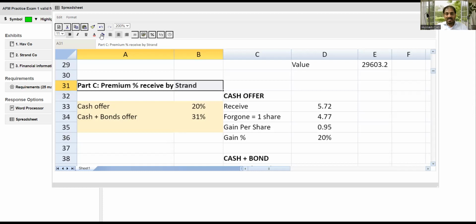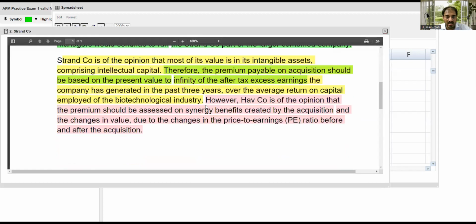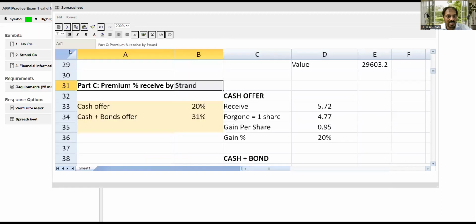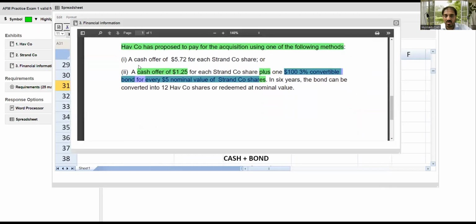The summarized highlighted point related to part C: the premium percentage received by Strand if the mode of consideration, the different payment methods, are offered by the company. So we have covered that point according to the requirement of the question. It is mentioned in the CP format: two proposed modes of payment offered by the company.